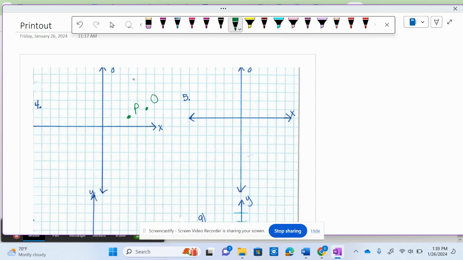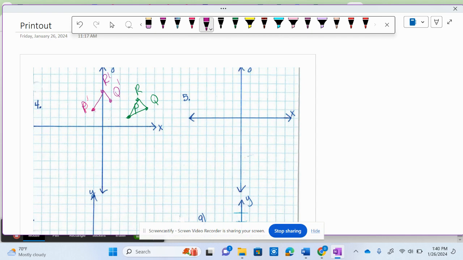That's Q. And 1, 2, 3, 4, 1, 2, 3 is point R. So I took this shape right here and I moved it so that the new shape is P prime. Q prime is the ordered pair 1, 3, and R prime is the ordered pair 0, 4.